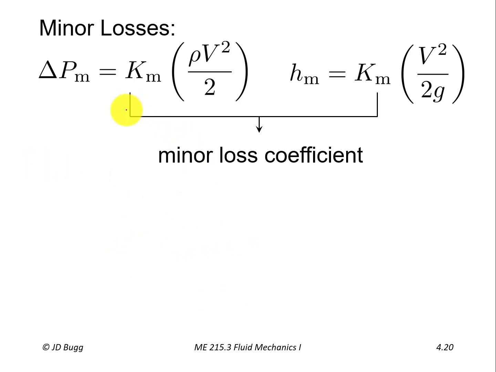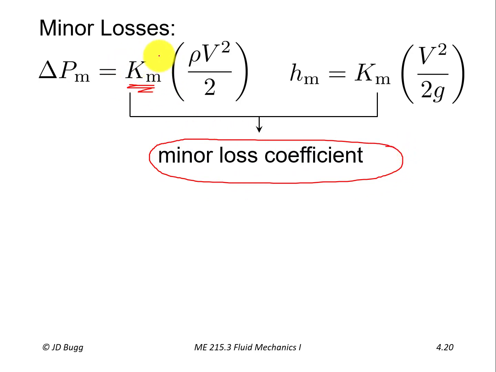This first technique makes use of something called a minor loss coefficient. The Km on the right hand side of this equation is the minor loss coefficient. Now we could be calculating minor pressure losses, delta Pm, or if we're working with Bernoulli's equation in head form, we would be calculating minor head losses, Hm.